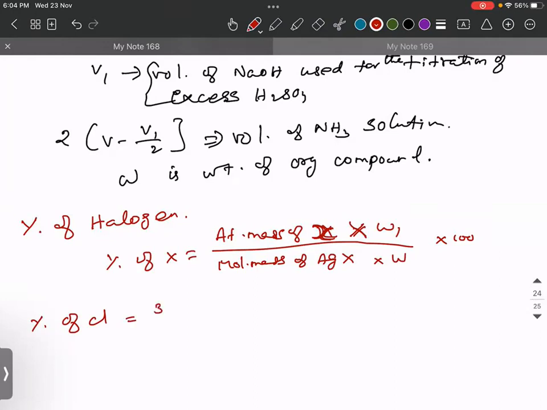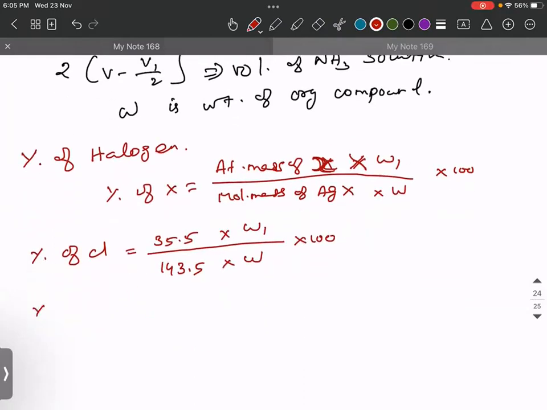So 35.5 divided by the molecular weight, 143.5, into W1 into W into 100. Bromine you have to put like this. The percentage of iodine you can work out yourself.